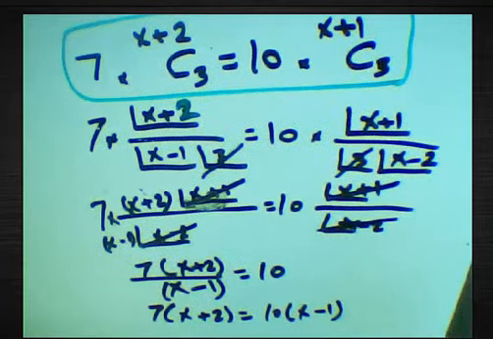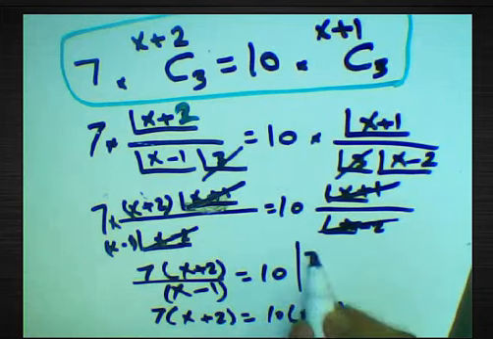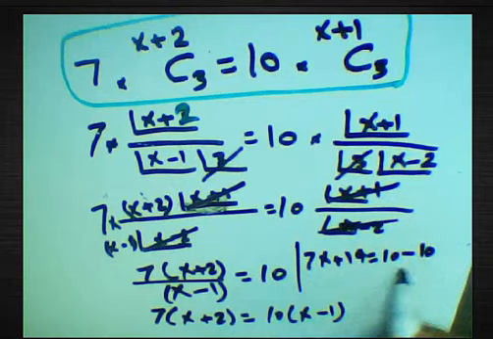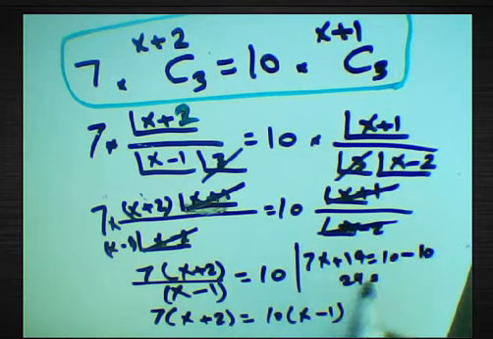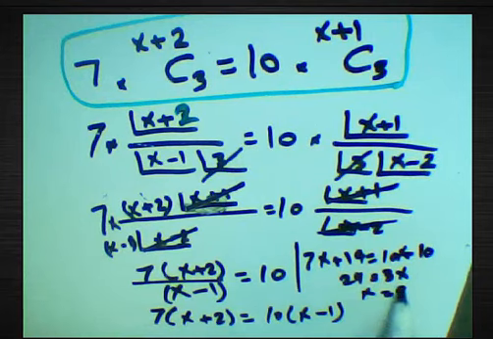So 7x plus 14 equals 10x minus 10, and 24 equals 3x. Then x equals 8.